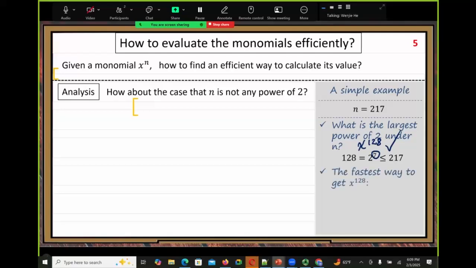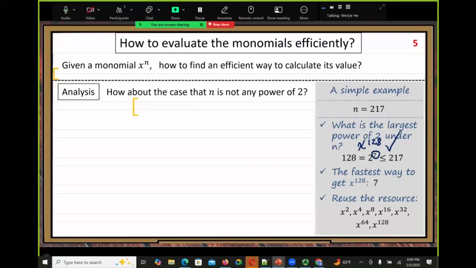So the fastest way to get x to the 128 is to calculate all these powers of 2. Can you treat all these numbers as your resource and put them all in your pool, in your pocket? Whenever you need any of them, you just grab it from the pool.